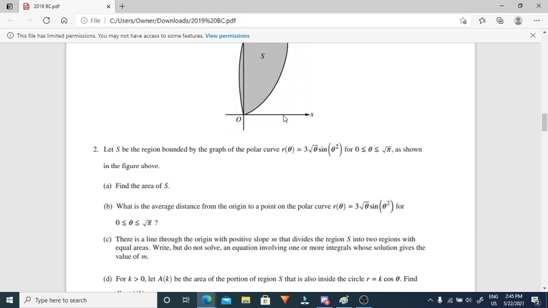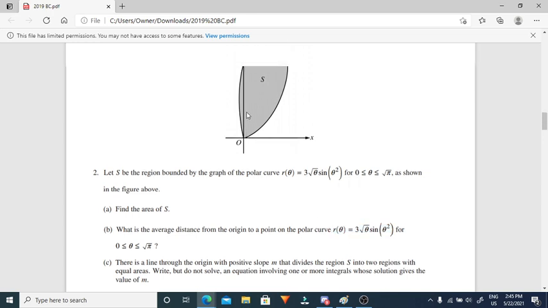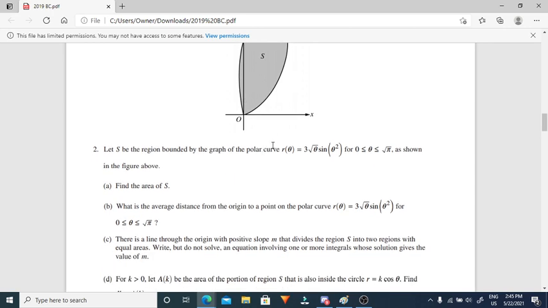So in order to find the average distance from the origin to a point on the polar curve, you can think about it as adding all the r values for every single possible theta in this interval, and then dividing by the interval.